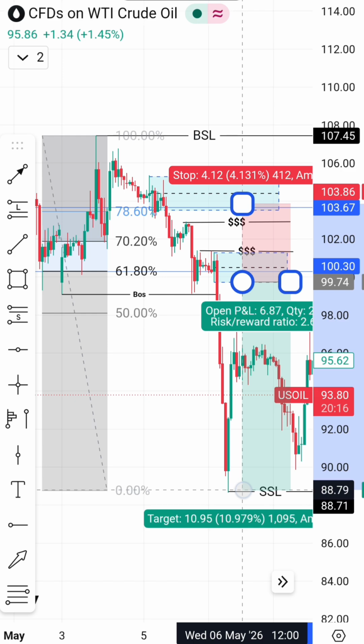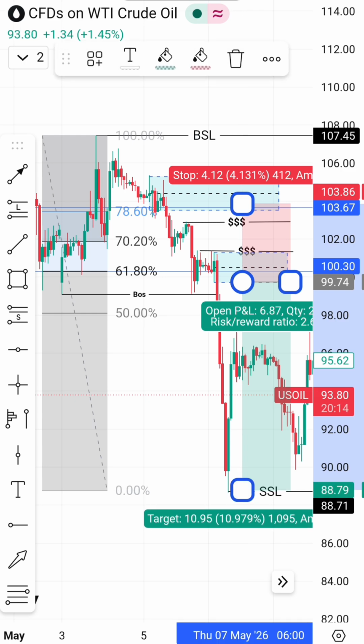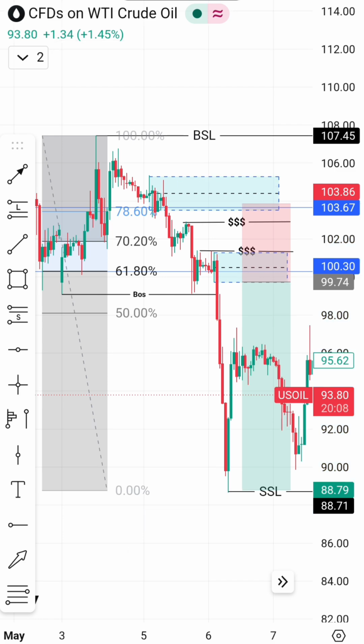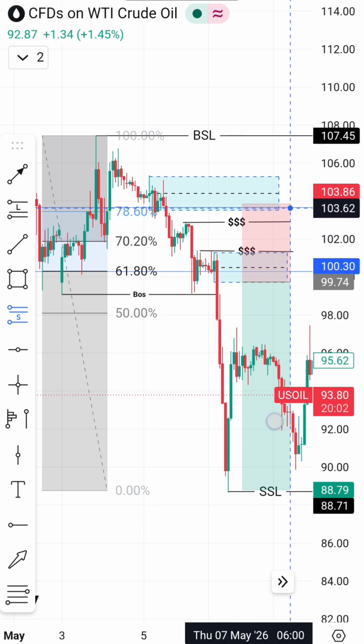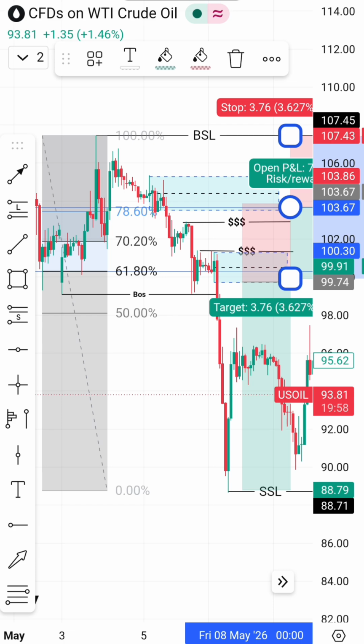You target your sell side liquidity, of course. Okay, and then let's take another short, but now put it at the 78.6.